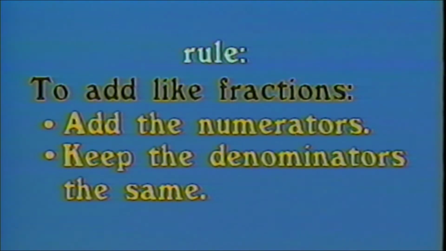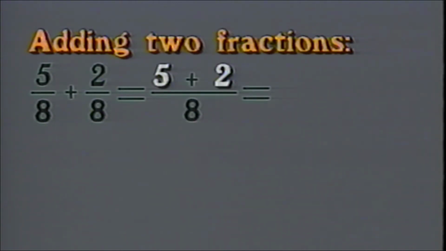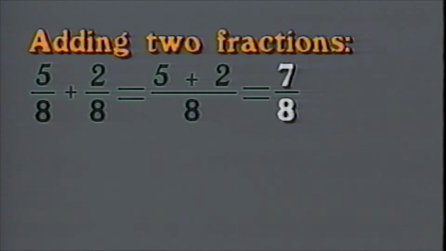Exactly. Here's a problem for you, Ed. 5/8 plus 2/8. Oh, I know. That's the 5 slices of pizza I had for lunch. 5/8 of the pie. Plus the 2 slices I had, that's 2/8 of the pie. Together, we had 7 slices. That's 7/8 of the pie.